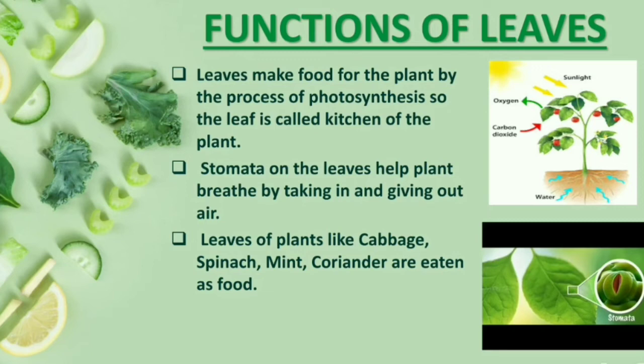Just like in roots and stem, we have seen in some of the plants, food is stored in roots, in some plants food is stored in stem. Just like that, in some of the plants we eat the leaves also. Leaves of plants like cabbage, spinach, mint, coriander are eaten as food. In these plants we eat the leaf.